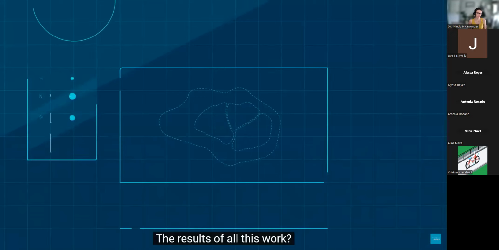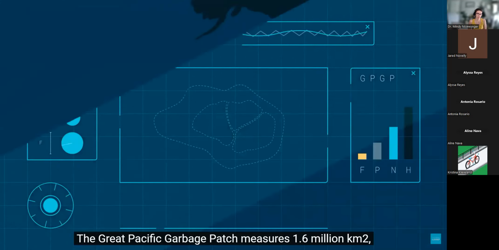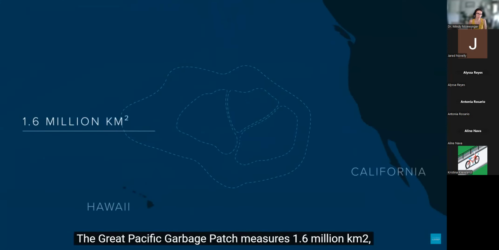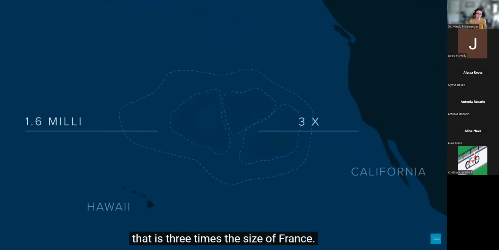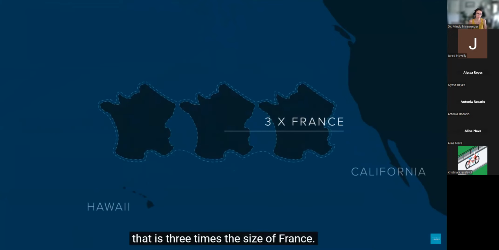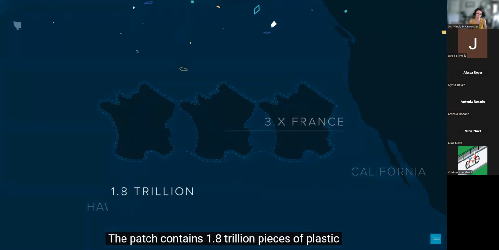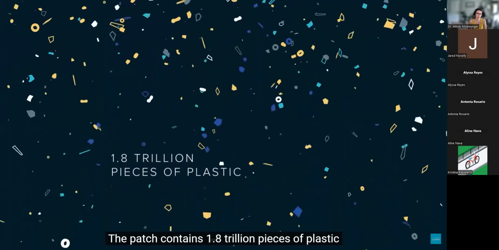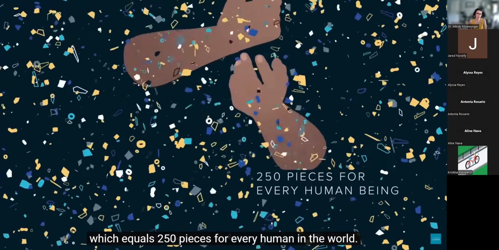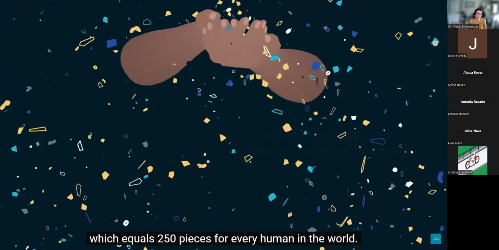The results of all this work? The Great Pacific Garbage Patch measures 1.6 million square kilometers. That is 3 times the size of France. The patch contains 1.8 trillion pieces of plastic, which equals 250 pieces for every human in the world.